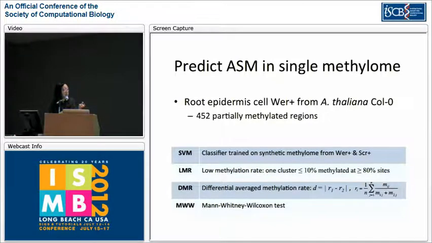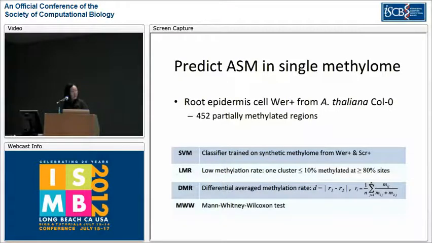So in addition to relying on that, we came up with a few more filters or statistical tests. And we're trying to be very conservative here. One of the filters we use is what we call low methylation rate: basically, look at whether one of the clusters has a very low methylation level. The other is what we call differential average methylation rate, basically contrasting the overall average methylation level between the two alleles.